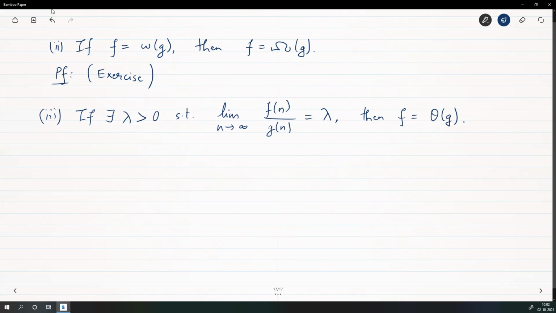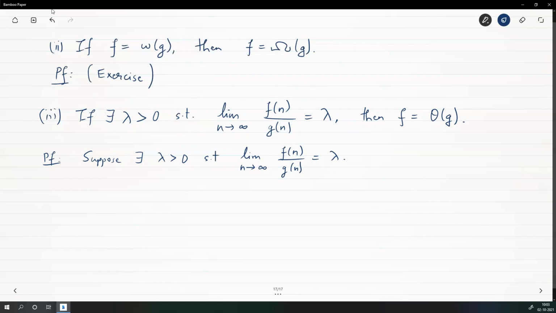All right, so let's prove this. How do we prove this? Suppose there exists lambda greater than 0 such that the limit as n tends to infinity of f of n by g of n is equal to lambda. But what does that mean?